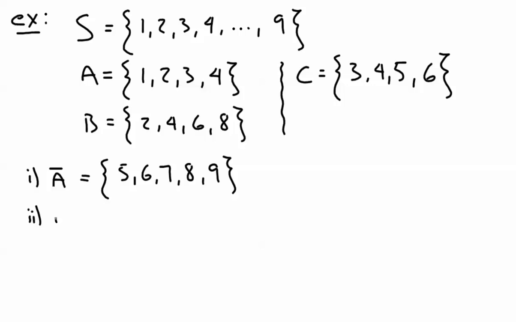Second one would be A intersect C. Those collection of outcomes that are simultaneously in A and C, that's simply 3 and 4.